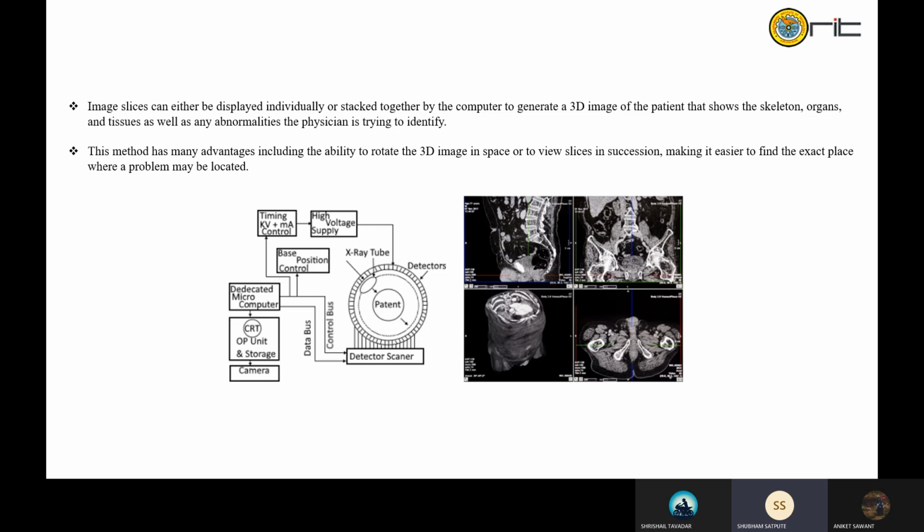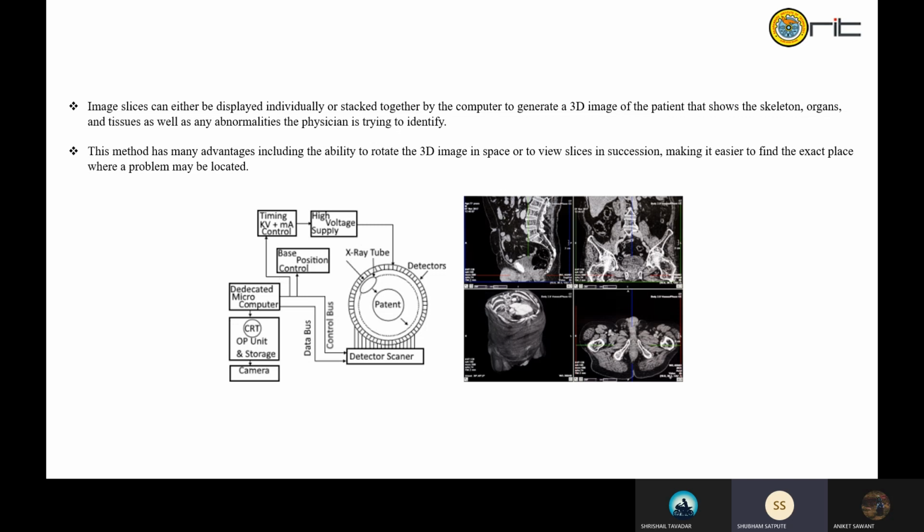Below is the block diagram of the system. It shows the detector, scanner, patient, X-ray tube, control bus, data bus, camera, CRT unit and storage, detector microcomputer, timing control, base position control, and high voltage supply.